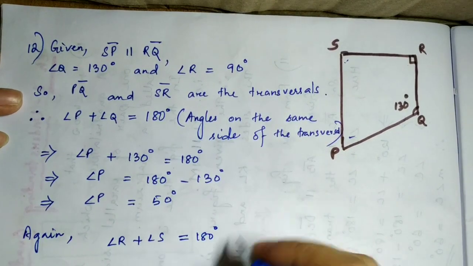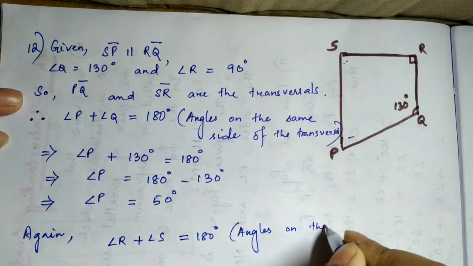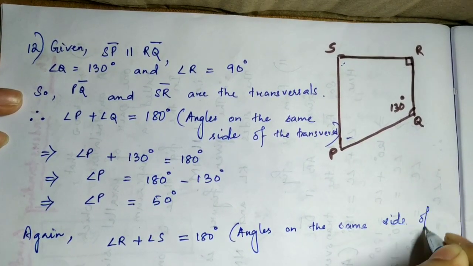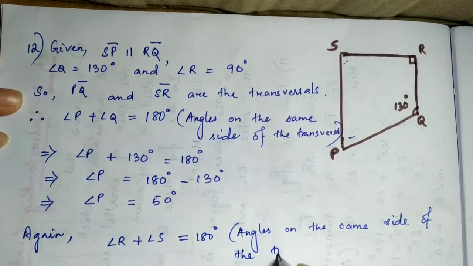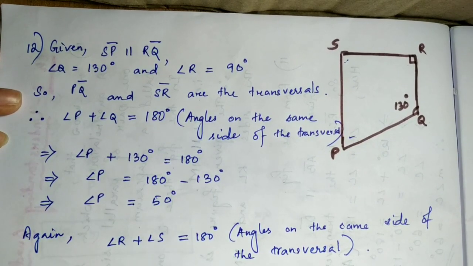Same condition as this: angles on the same side of the transversal. Okay, so angle R is equal to how much? 90 degrees. S we don't know, and the sum is 180 degrees.